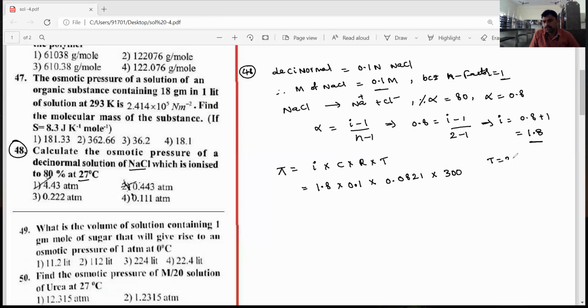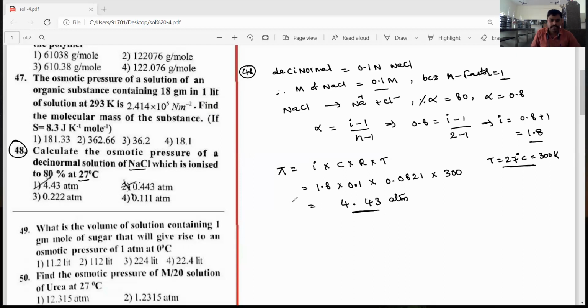On simplification, we get the osmotic pressure as 4.43 atmospheres, dear students. So the first option is correct.